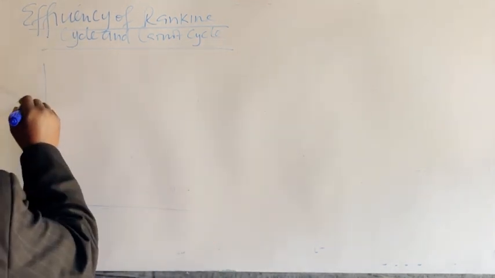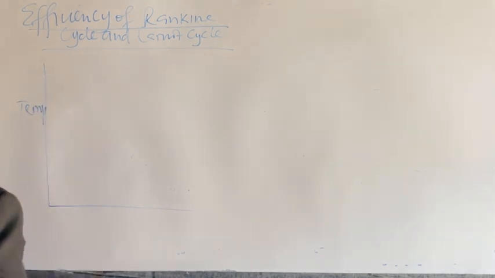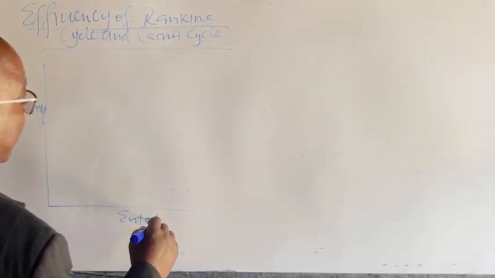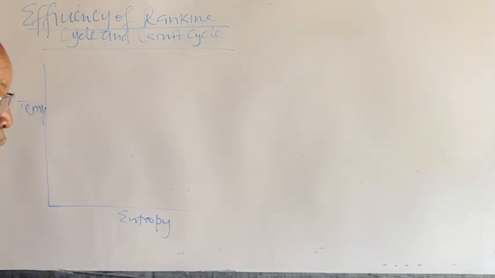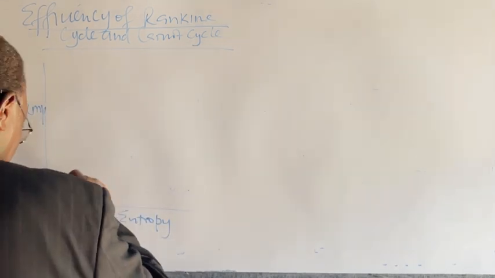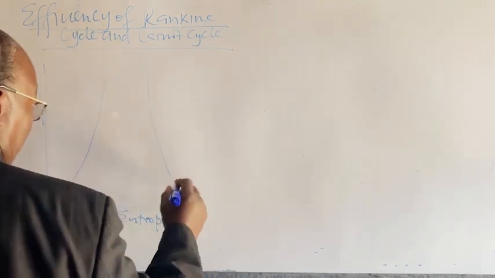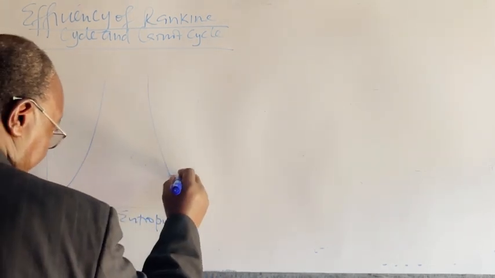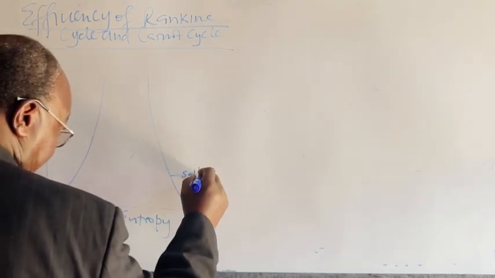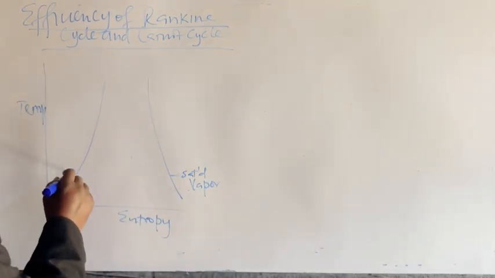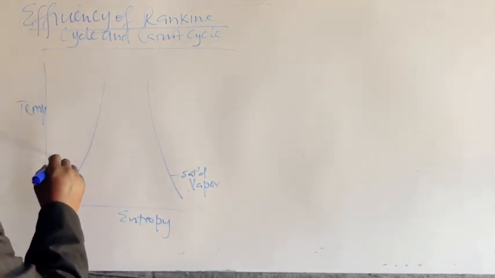So we have temperature and we have entropy. Of course, this is the saturated vapor curve, and this is the saturated liquid curve.